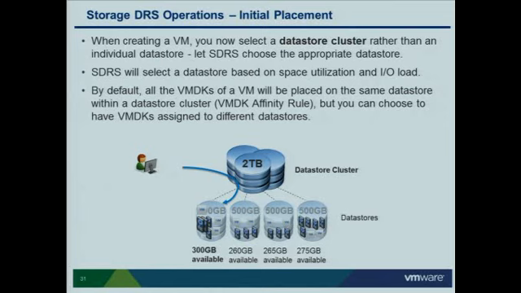So for instance, if you had a virtual machine where you used host-based mirroring, for example, inside the guest, you'd want to make sure that the VMDKs are in completely different data stores, because if they were on the same data store, you could bring down both sides of your mirror. The VMDK affinity rule in Storage DRS allows you to do that. So that's pretty neat. But by default, VMDKs are kept together on the same data store by Storage DRS. That is the default.